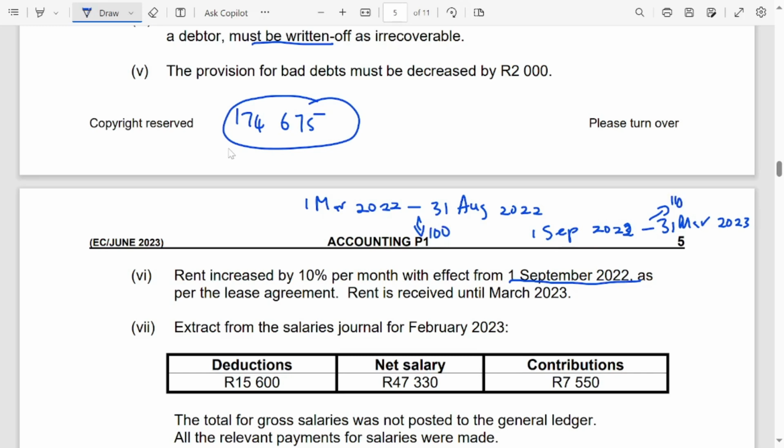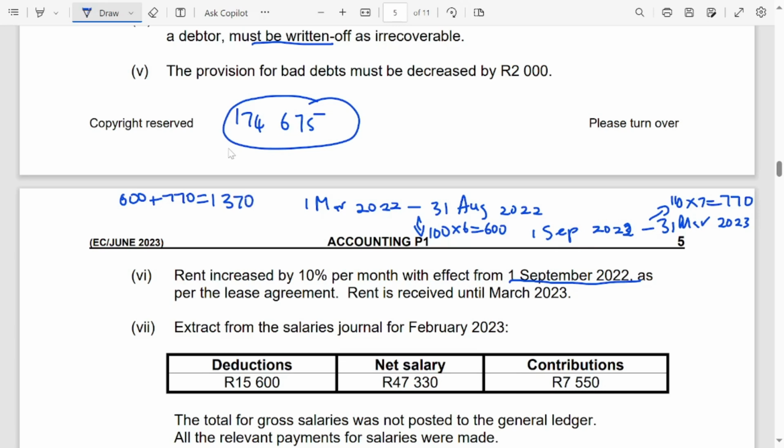Now, it was 100% for how many months? March, April, May, June, July, August. So for 6 months, that is going to be 600. This one is for how many months? September, October, November, December, January, February, March. That is 7 months, so that's going to be 770. So in total, the percentage for the rent received is 600 plus 770, which gives us 1,370.